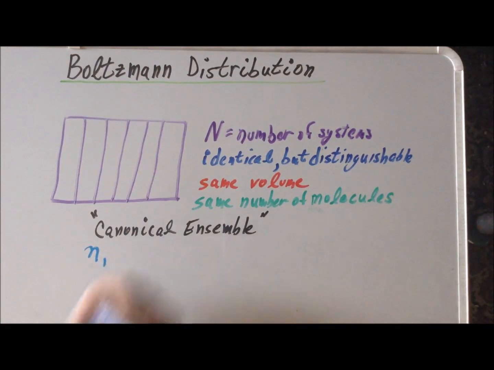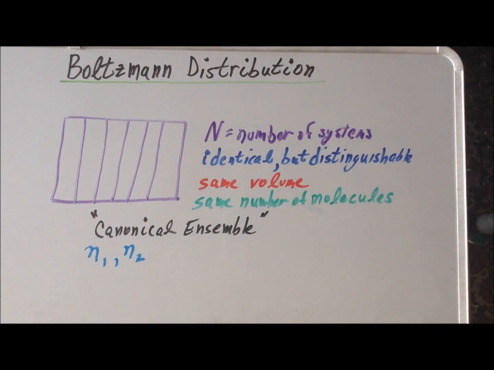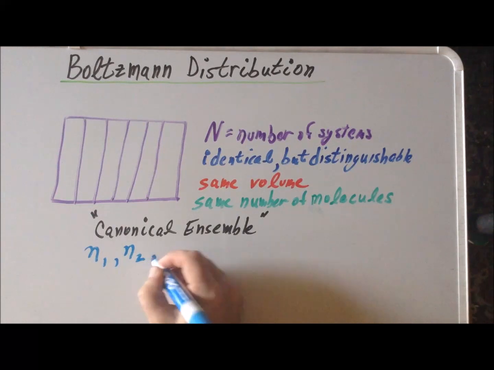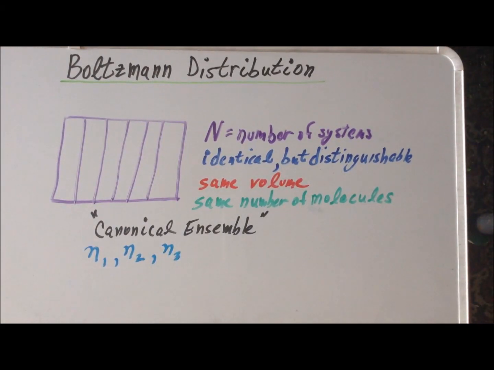So n sub 1, with a small n, is the number of these systems that have the first energy level. Then n sub 2 is the number of systems that have energy level 2. And n sub 3 is the number of these systems that have the third energy level.